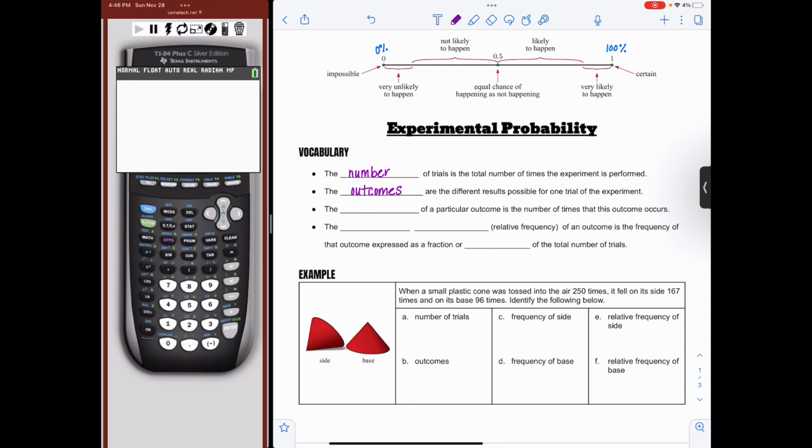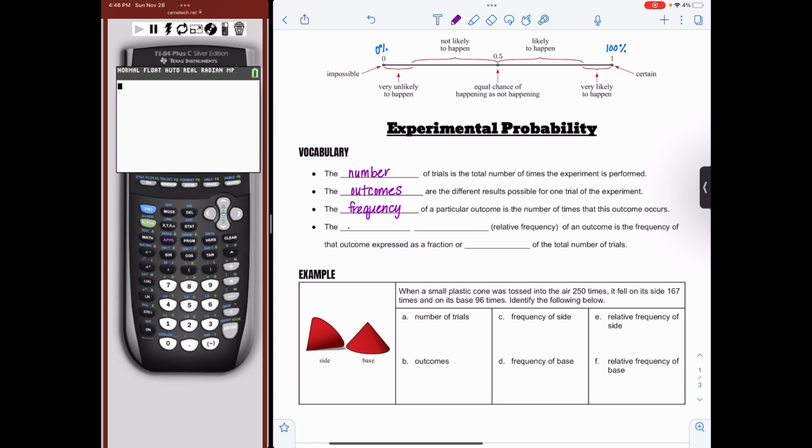Then you have the frequency. And when we say frequency, remember frequency we count. So the frequency of a particular outcome is the number of times that the outcome occurs.